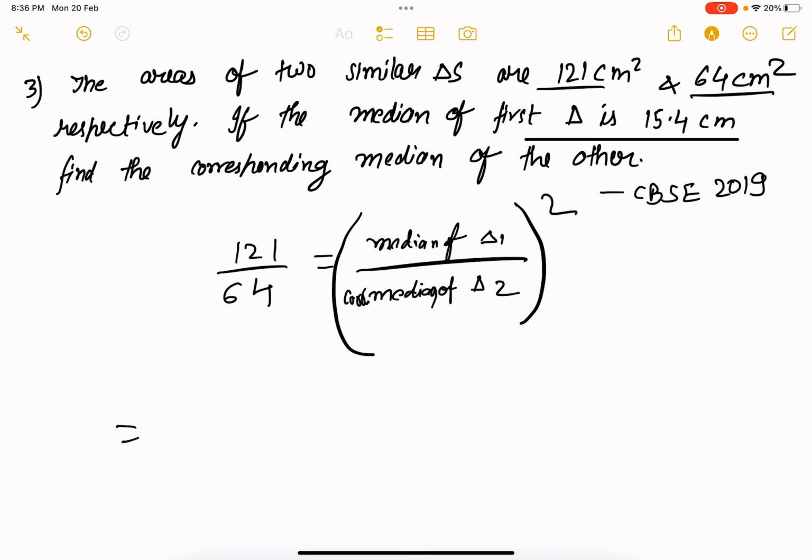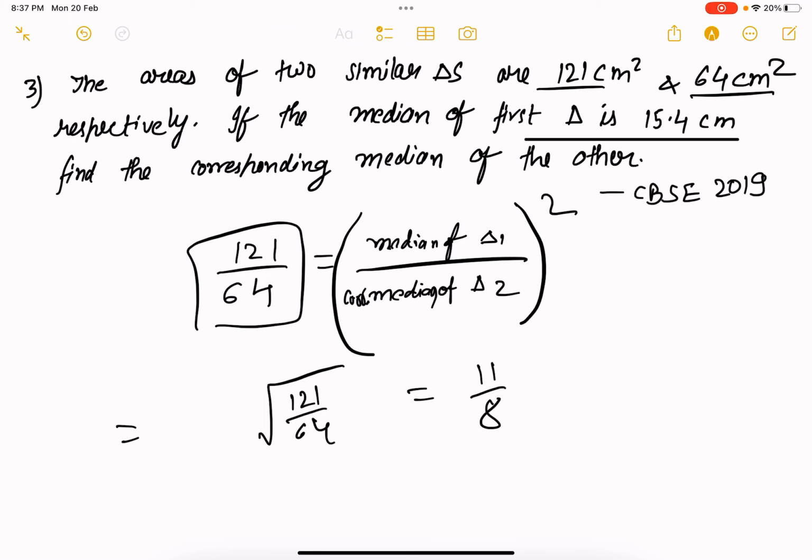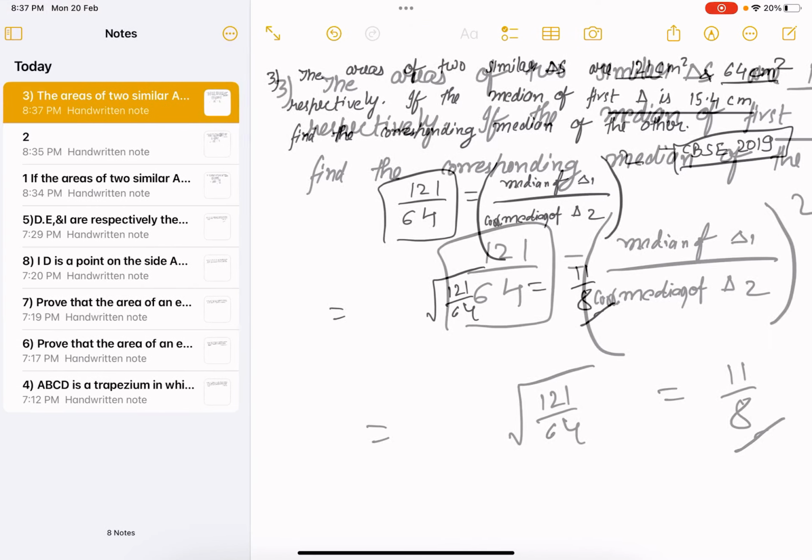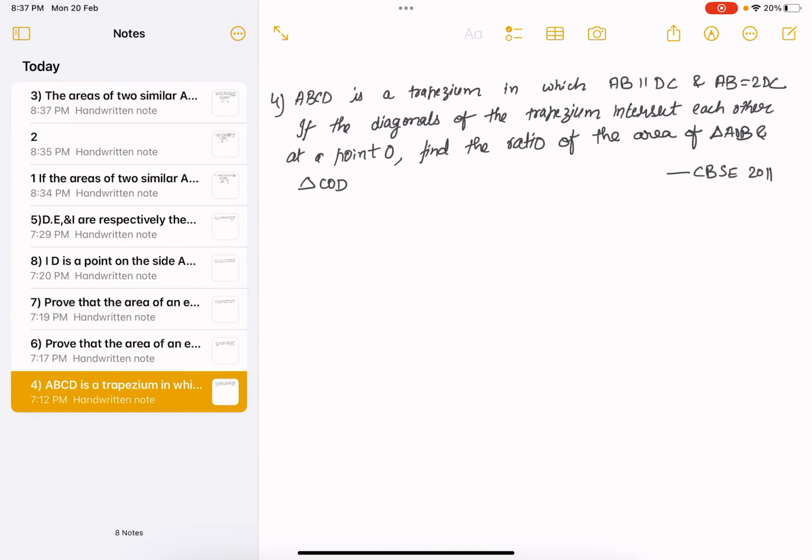So again, to find this ratio, we just have to take the under root of this. So under root of 121 upon 64 is equal to 11 by 8. Okay, and this was asked in CBSE 2019. So again, let's move to the next question, fourth question.